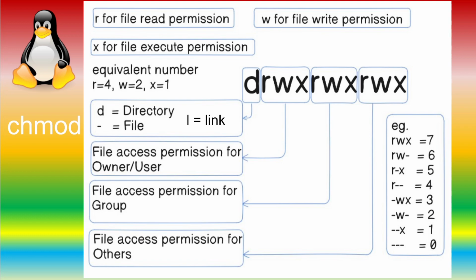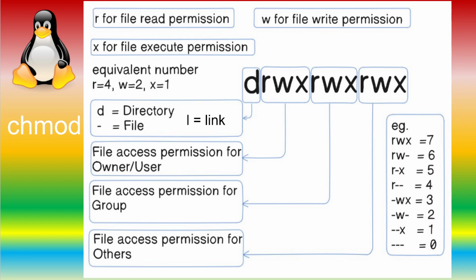D indicates directory, hyphen indicates file, L indicates link. The next 3 letters indicate file access permission for the owner or user.